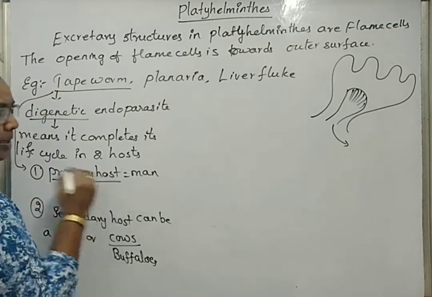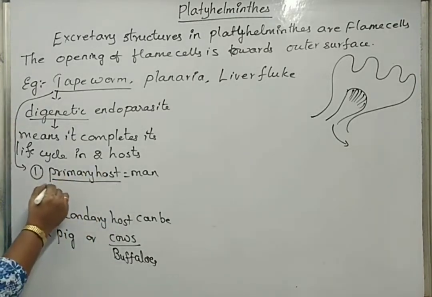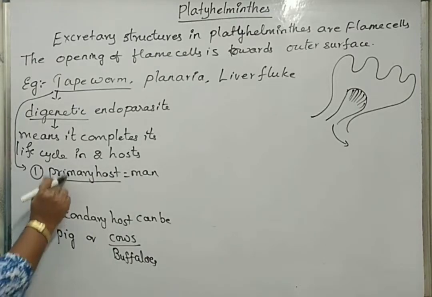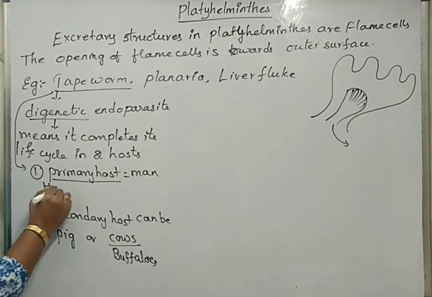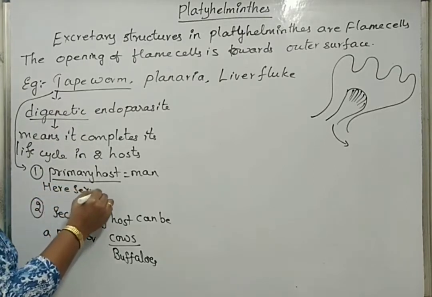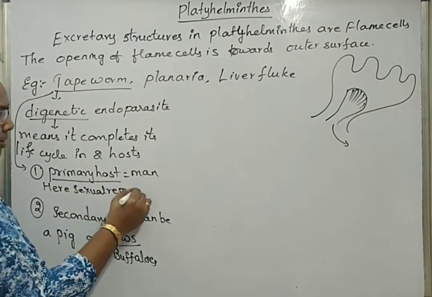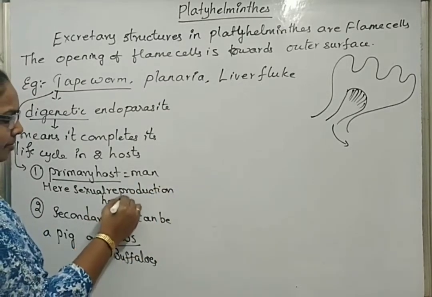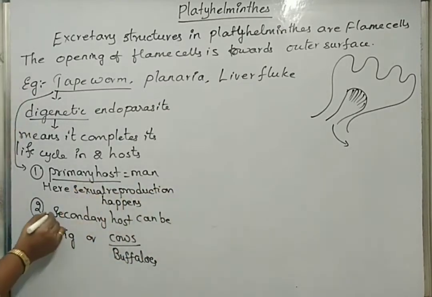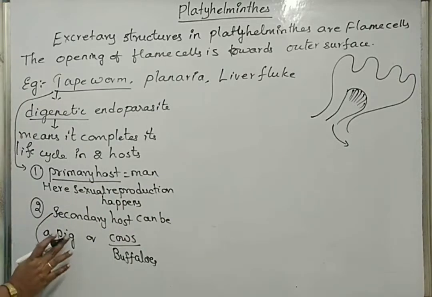What is meant by primary host? The primary host is the organism which helps the parasite with sexual reproduction. So here, sexual reproduction happens. In the secondary host, there is no sexual reproduction, but there is development of the parasite.